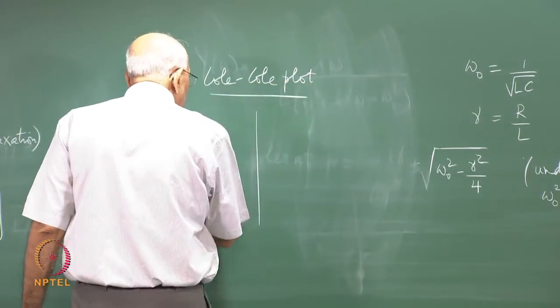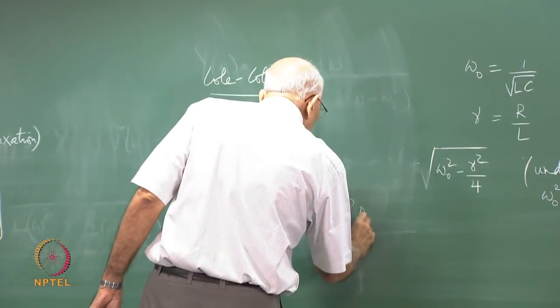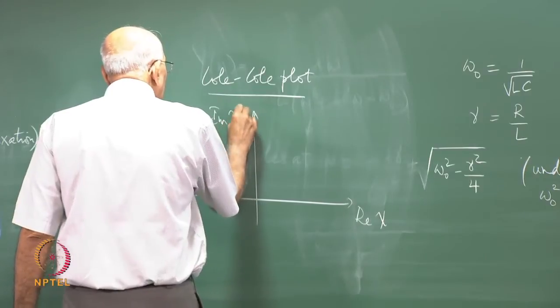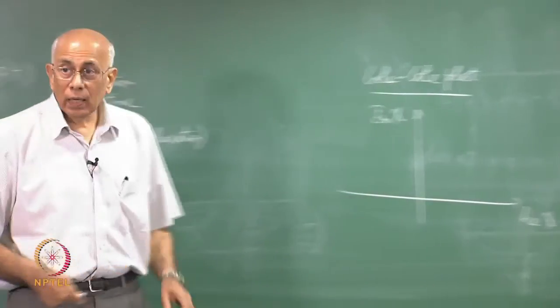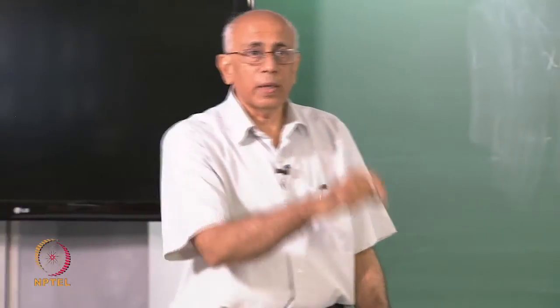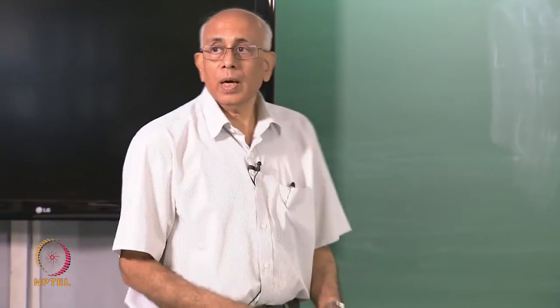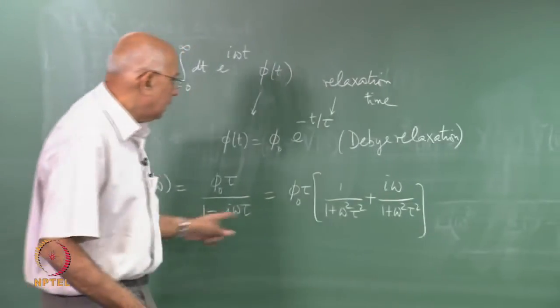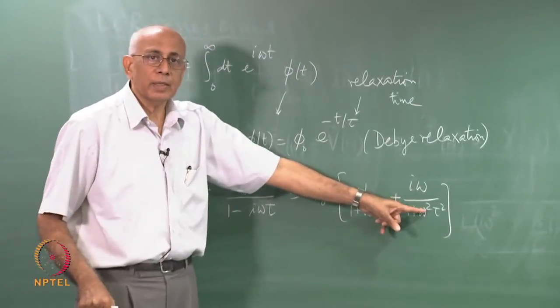This plots, if you like, the real part of chi versus the imaginary part of chi. In other words, you treat chi of omega as a complex variable and write down where it is for different values of omega, the so-called Argand diagram. And what is it going to look like here? This is the real part and that is the imaginary part.